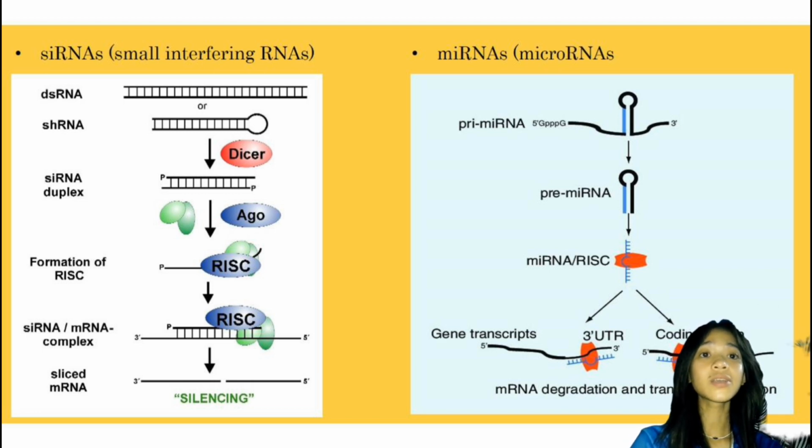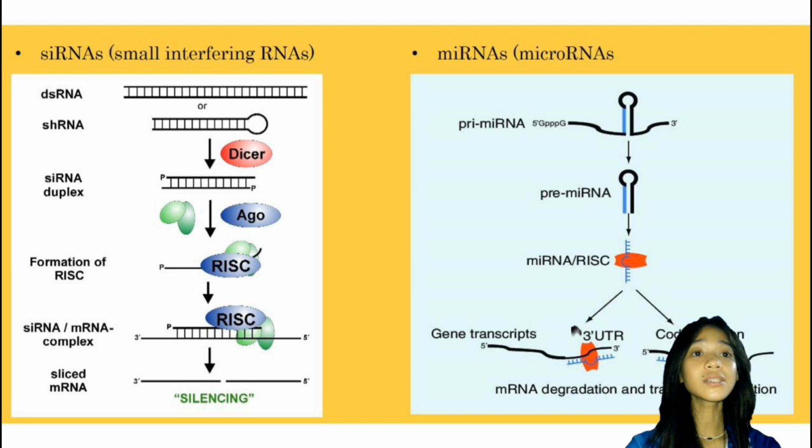The RISC complex unwinds the siRNA duplex, and the single-strand siRNA molecule guides the RISC complex to complementary RNA targets. Once bound to a target mRNA, the RISC complex cleaves the mRNA, effectively silencing gene expression.